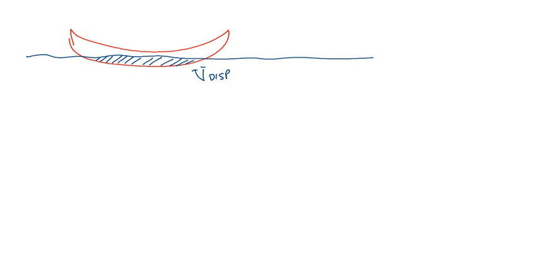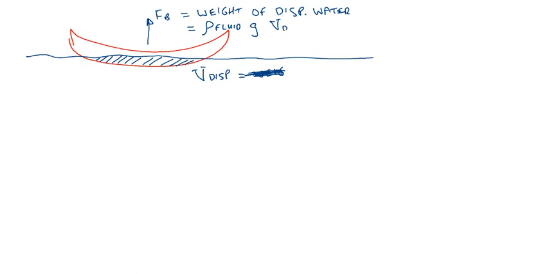So it's really the weight of the water that was displaced. The buoyant force here is equal to the weight of the displaced water. But I only get to count the part of the object that's underwater. If it's the whole canoe, then you've got the whole volume. All right, but that again would be the density of the fluid times g times the displaced volume.